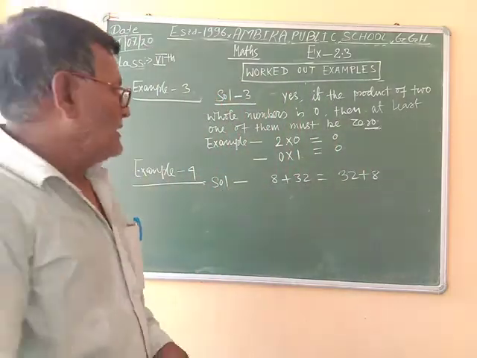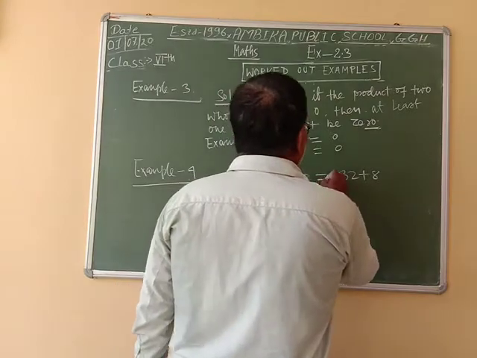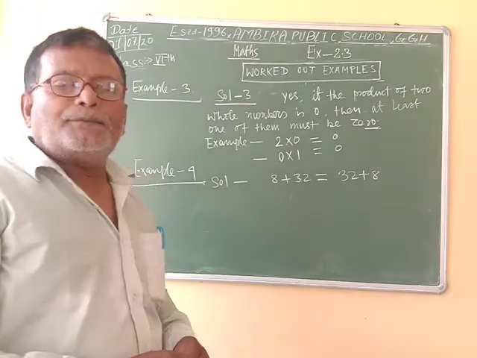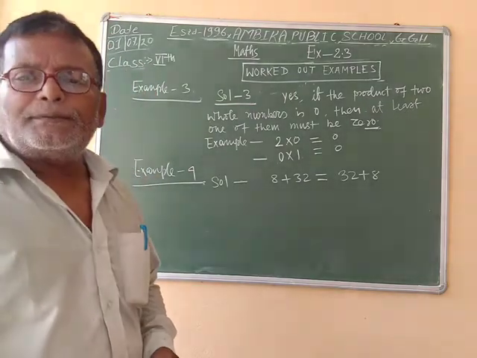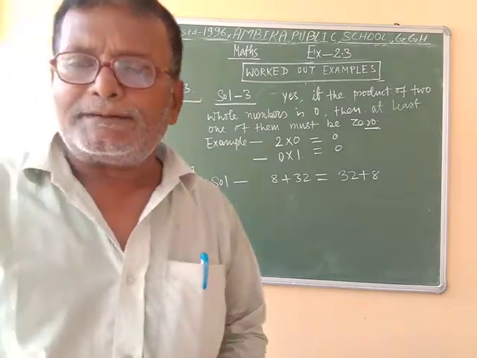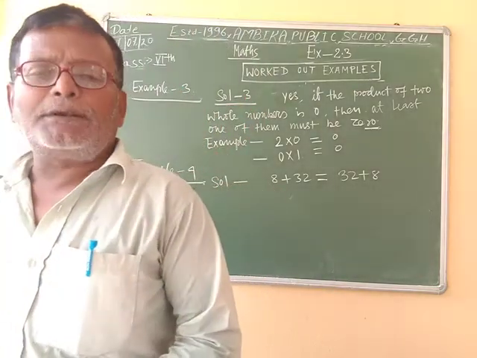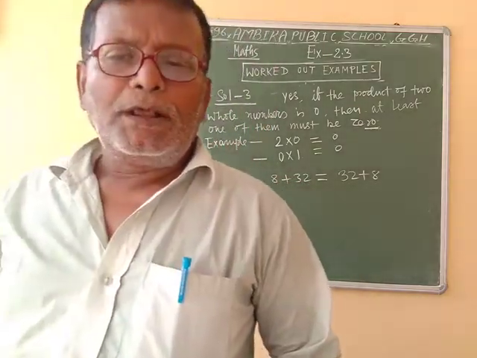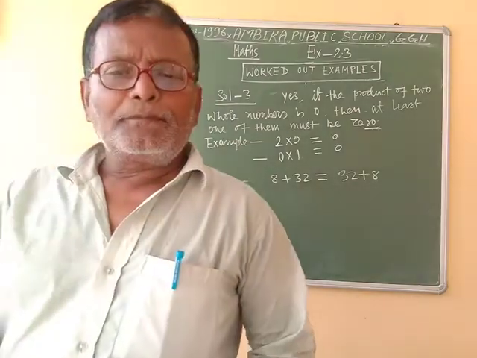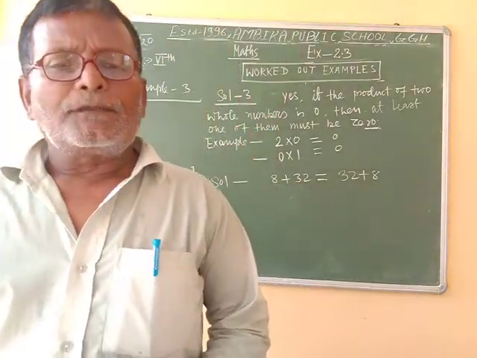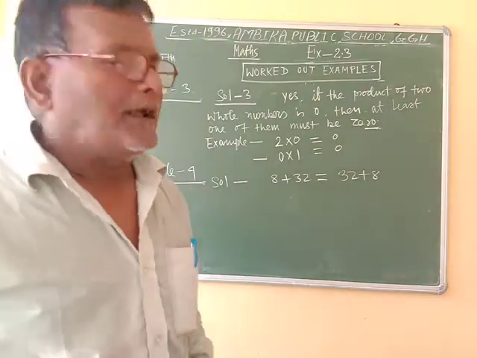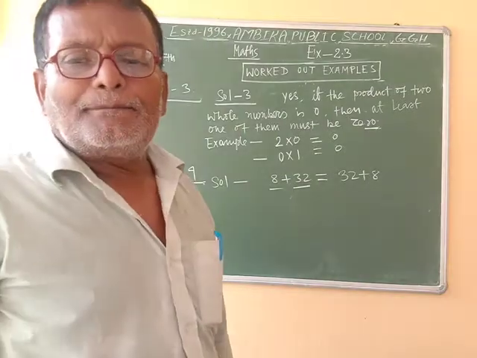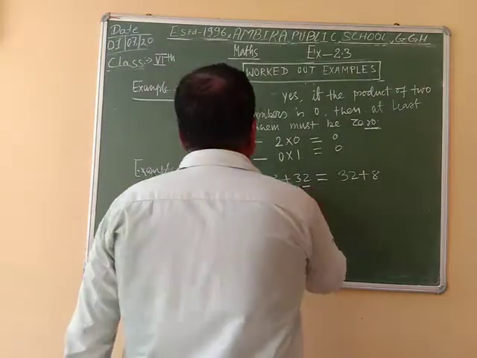Here we have learned before about commutative law, distributive law, associative law, commutative law for multiplication, and commutative law for addition. So remembering these laws, we can say that 8 plus 32 equals 32 plus 8 is the commutative law for addition.